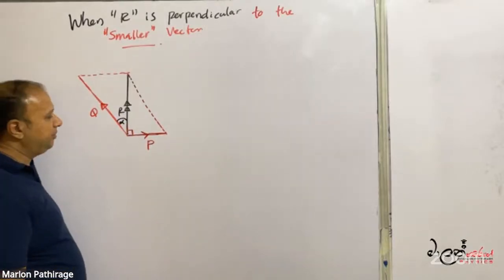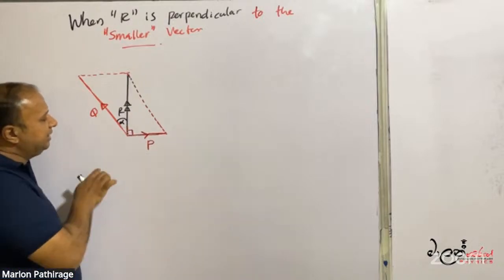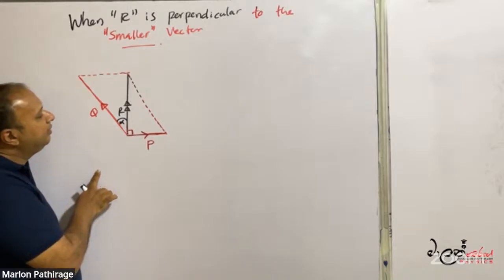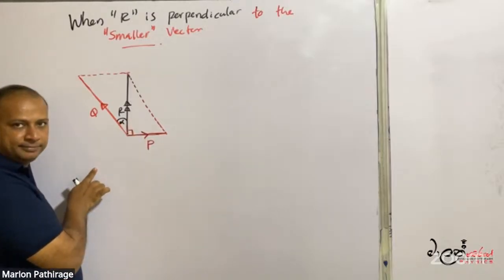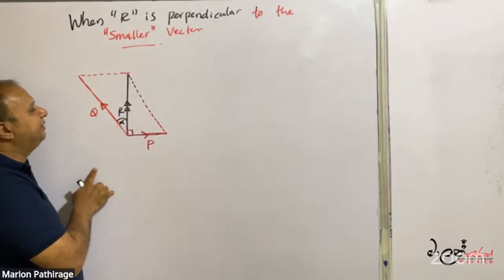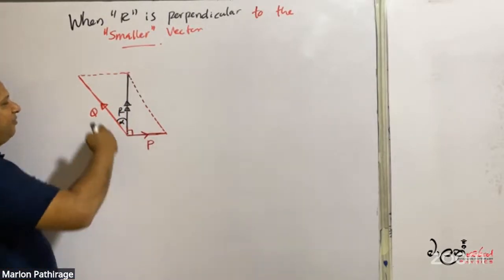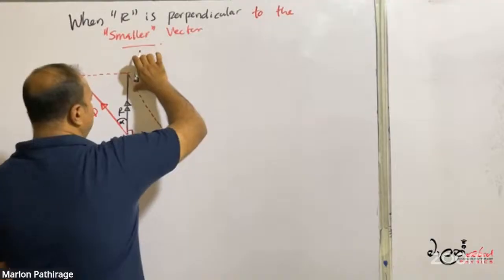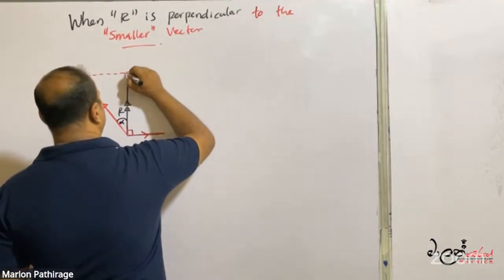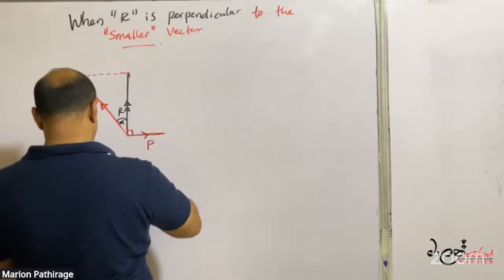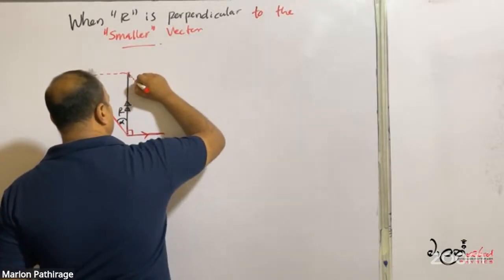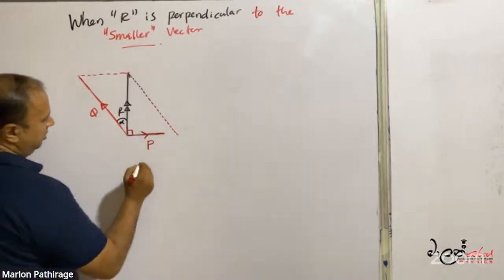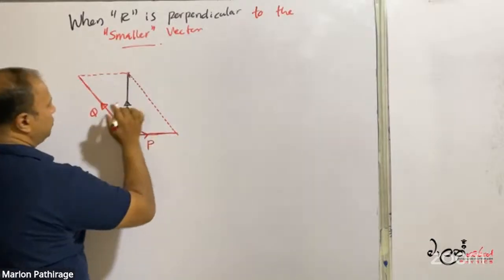So if this one is alpha, this is 90, this one is 90, this is the diagonal. Therefore, these two sides are parallel to each other.